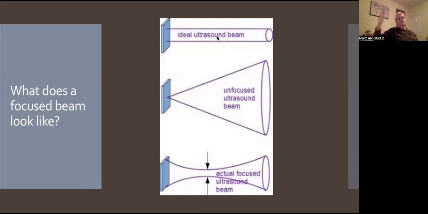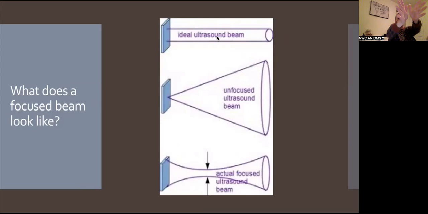But the word focusing in general, they're going to ask you questions like, what is focusing? We know what focusing is. It's where the beam gets to its smallest dimension, it converges, but they're going to want you to get real specific with it. What I have told my students, and this has helped me and a lot of students, is I am the transducer and a sound wave is coming out of me.